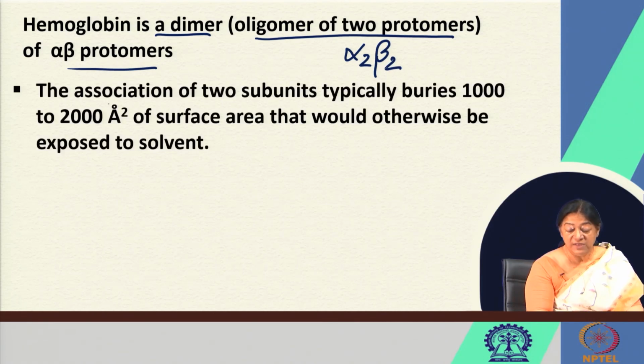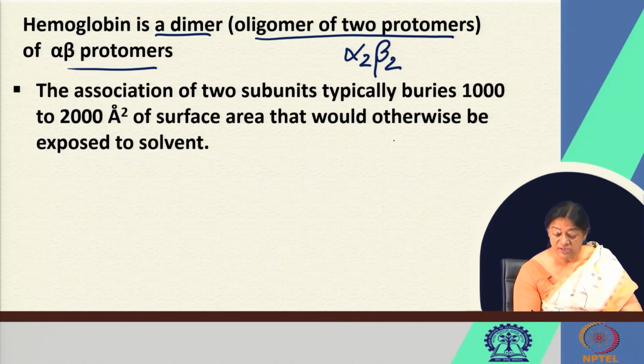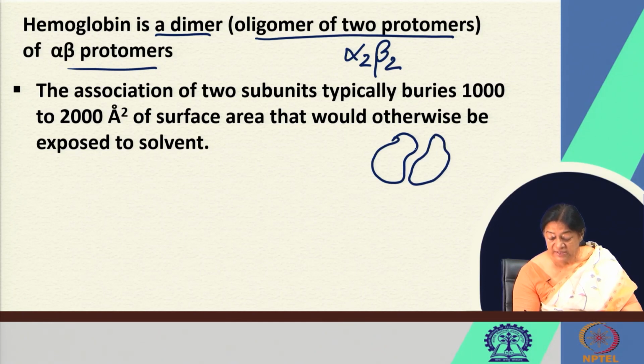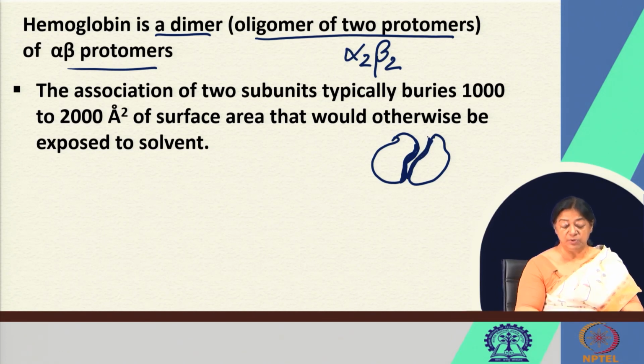Now, when we have the association, if we have a single unit that is like this and we have another unit that is like this, there is a certain terminology that we use called the surface area. If this is the surface area of that specific subunit that is lost when it interacts with the surface of another subunit, regularly in the normal case, this part would be exposed to the solvent.